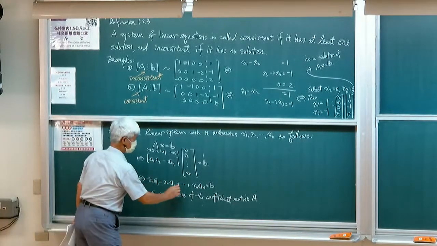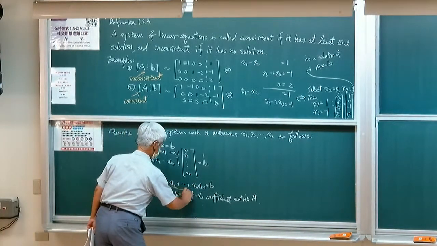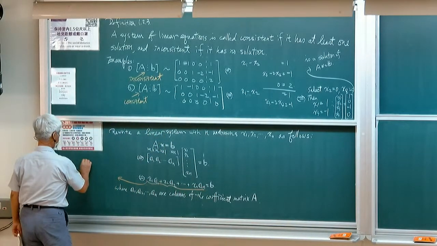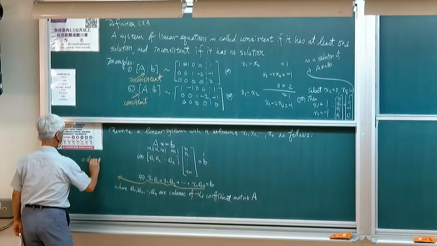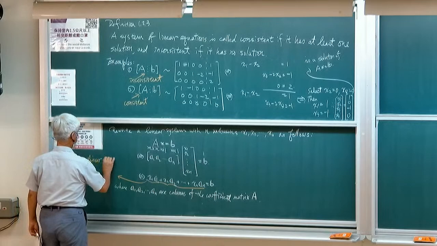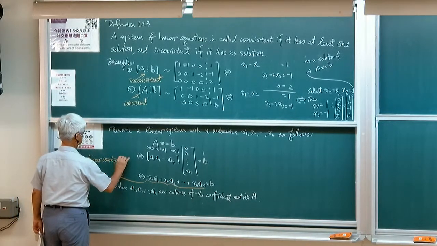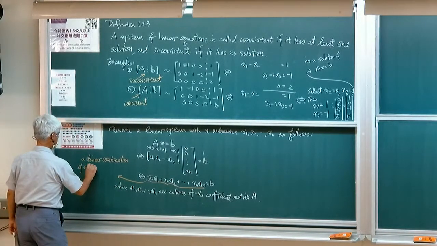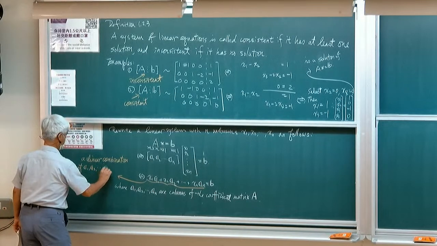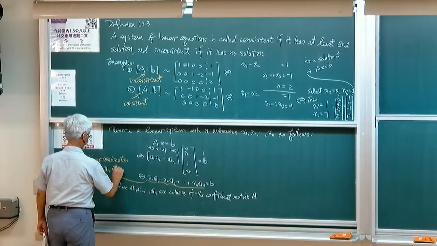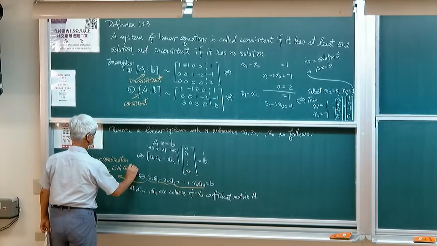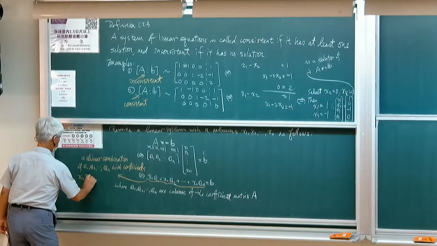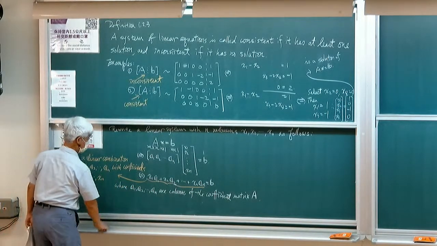And this expression is called a linear combination of A1, A2, up to An, with coefficients x1, x2, up to xn.